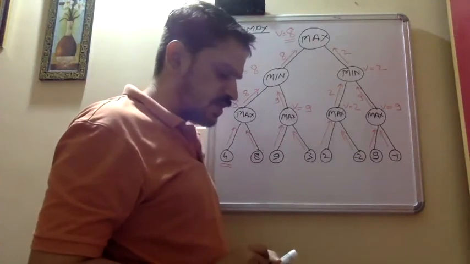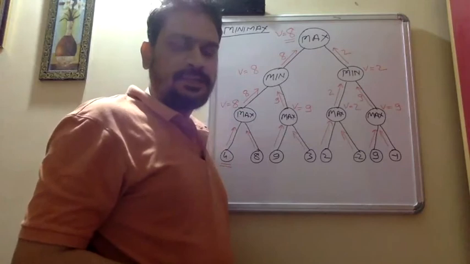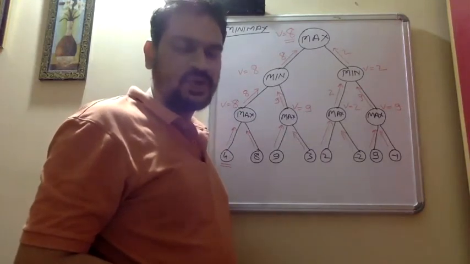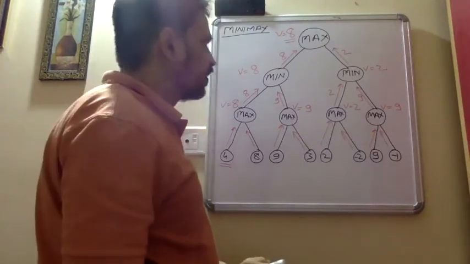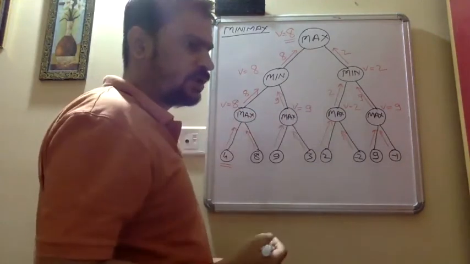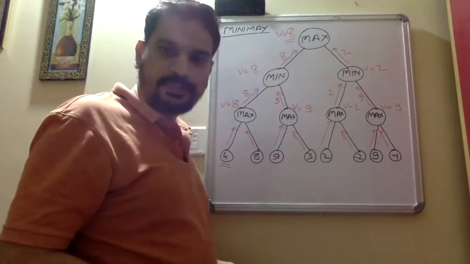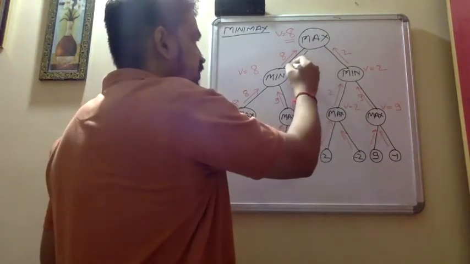So we got a value from the MiniMax procedure. We got the utility value, that is 8. And where do we get it from? We get it from here, in that particular direction. So first of all, when the player plays its first move, it will move in that direction.